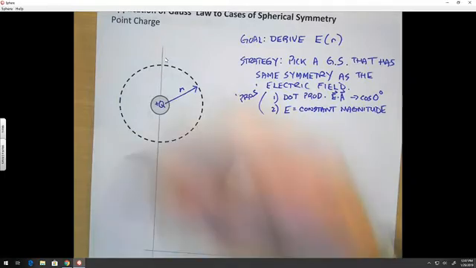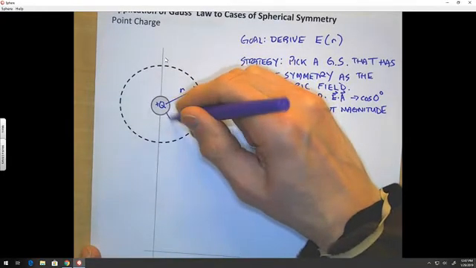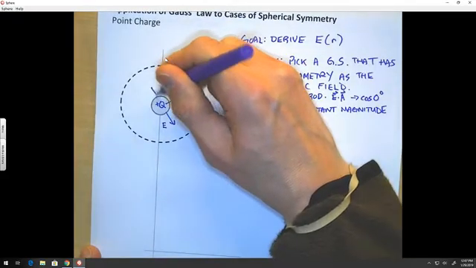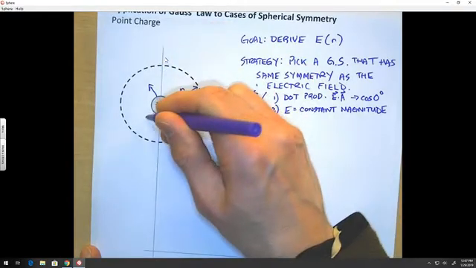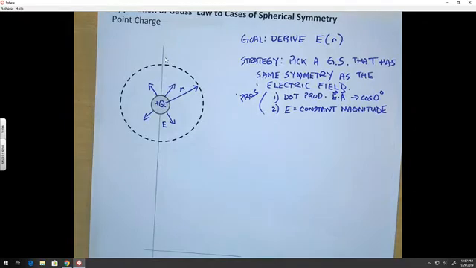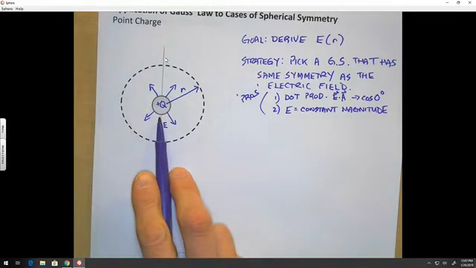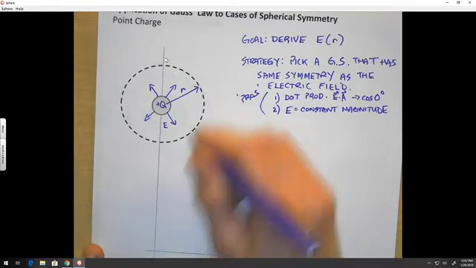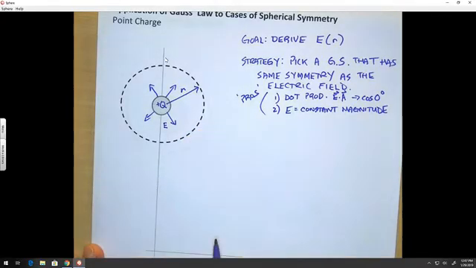So the electric field is shooting off that way, and that way, etc. So the electric field has what we would call spherical symmetry, because no matter how you turn that charge around, the electric field is still going to look the same. So for that reason, we are going to select a Gaussian surface that is a sphere.